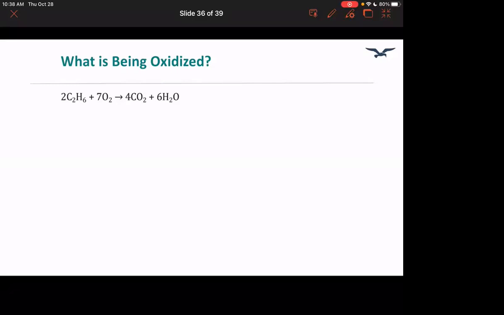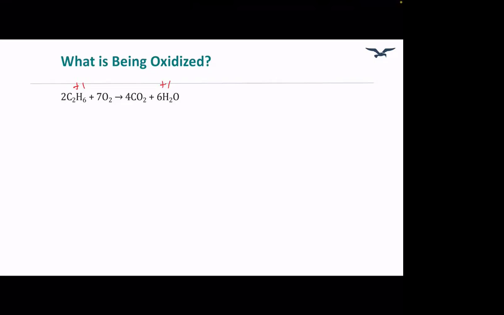Hydrogen is always +1. It's +1 here, and it's +1 here. The only time it's not +1 is when it's bound to a metal, and I said you don't have to worry about the exceptions. Carbon, well, you've got 6 hydrogens, so each carbon's 3+, and over here, we know already it's 4+. We've done that already.